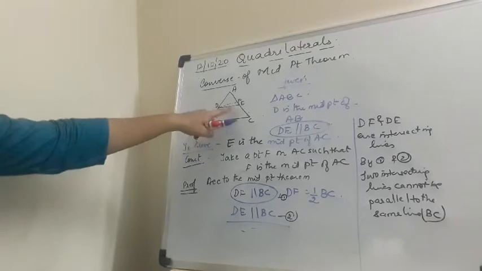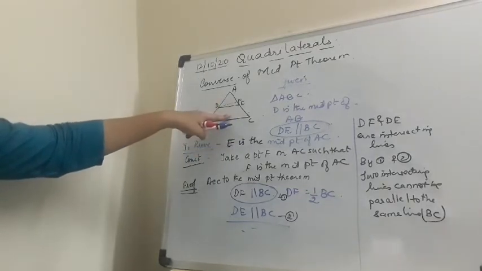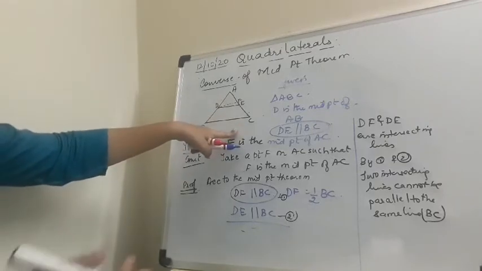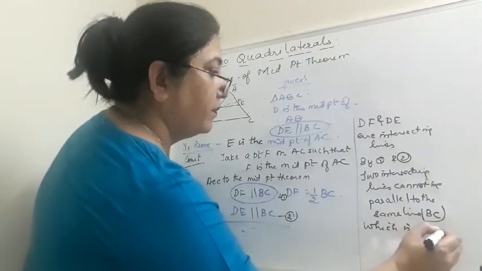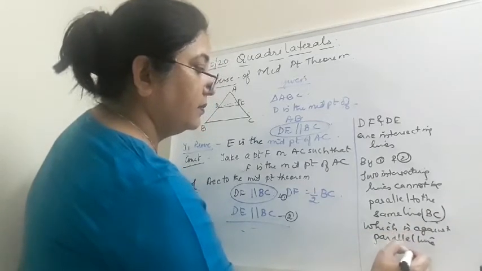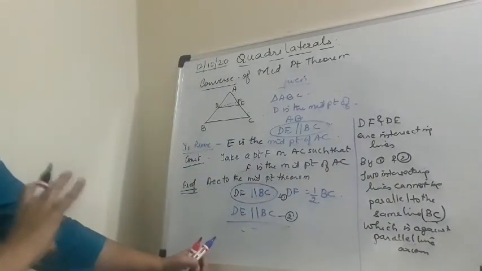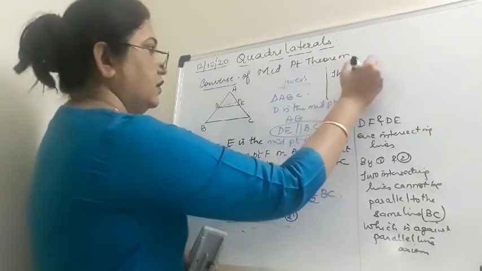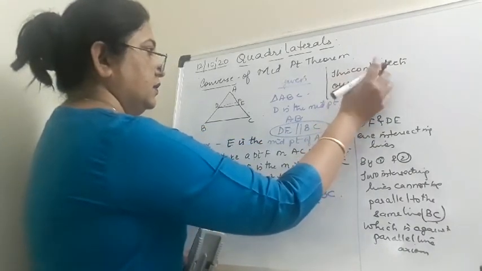What we have assumed, that DF is parallel to BC and DE is parallel to BC, this assumption is wrong because two intersecting lines are shown to be parallel to the same line, which is against the parallel line axiom. So therefore we write after this that this contradicts our statement.